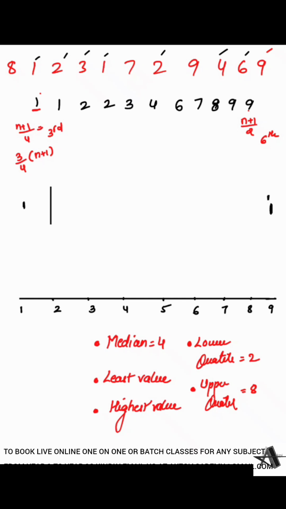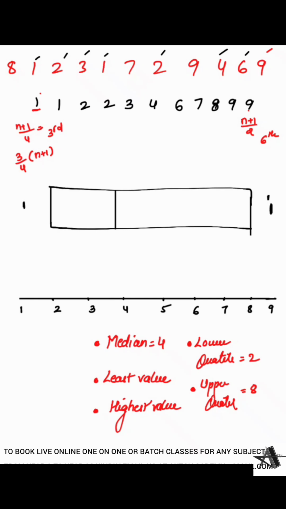Upper quartile is 8. Here I have to draw. Median is 4. I have to draw this. And now join all of them together, like this. This is a box. And now from the middle, join it like this.